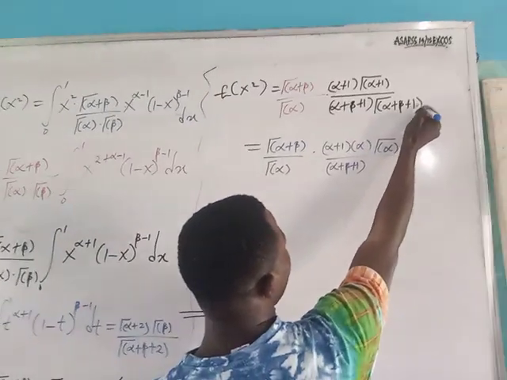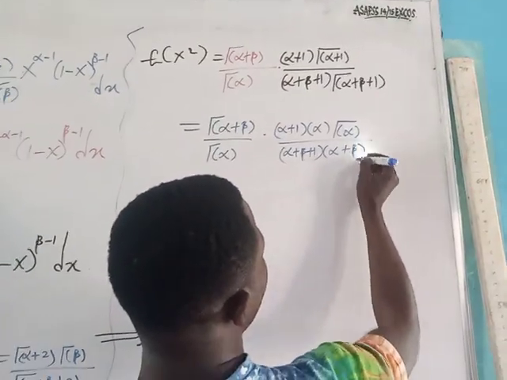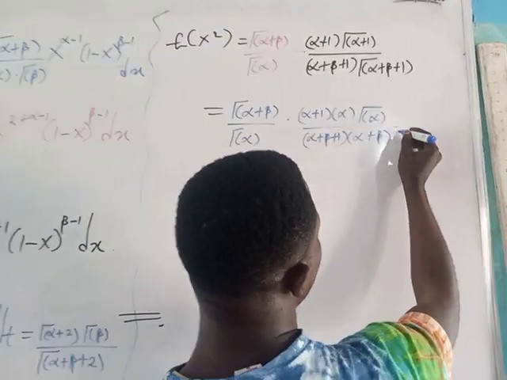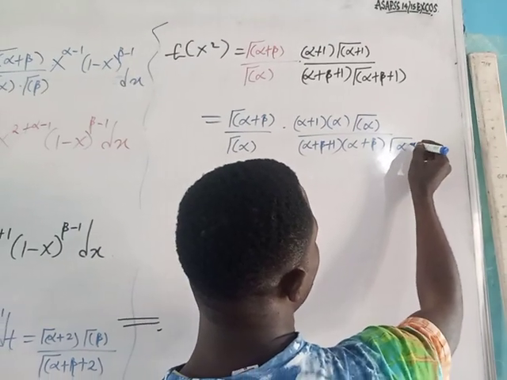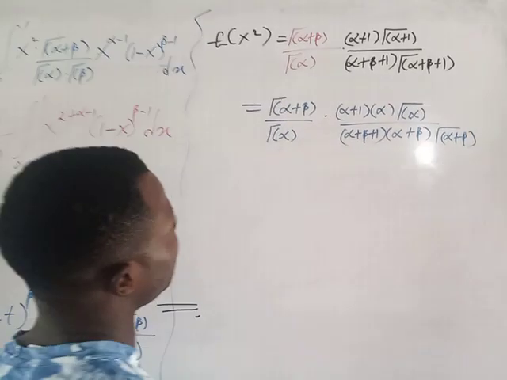Subtract 1 from this, we are going to have alpha plus beta, repeat this function again in gamma form, which is gamma alpha plus beta.